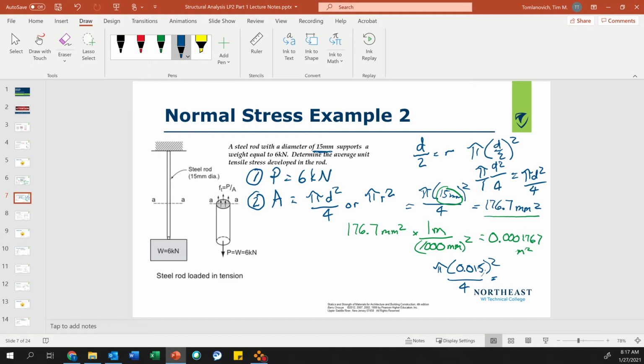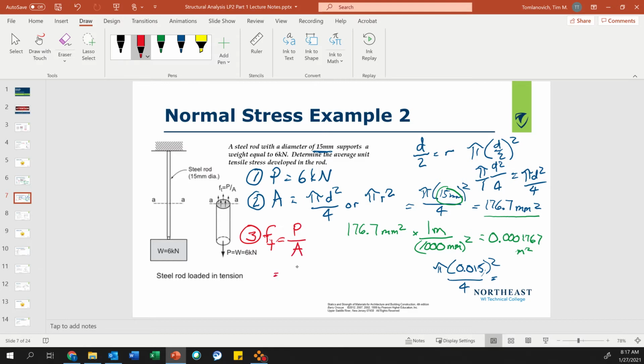So hopefully you find value in me going through various calculations here. We know the stress in tension equals P divided by area.